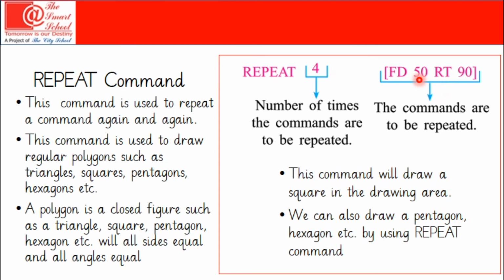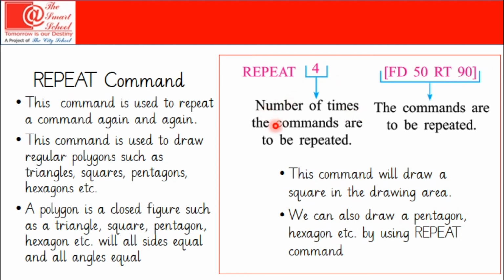If I type FD50 RT90, then FD50, then RT90, then FD50, then RT90, then FD50, then RT90, then it will draw a square. But instead of making so much confusion, I have used here repeat 4. It means it will repeat the same action 4 times.